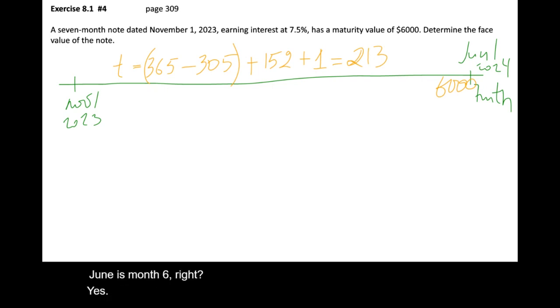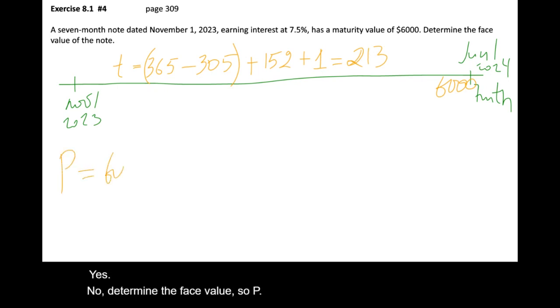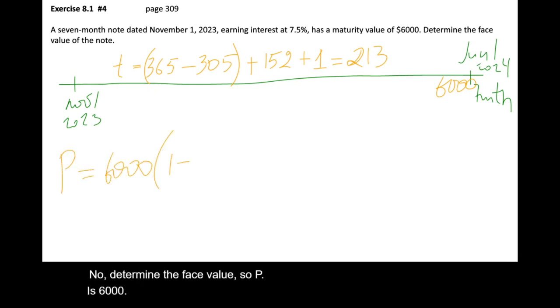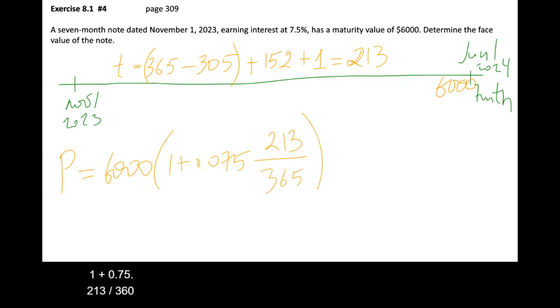Now, determine the face value. So P is 6,000 times (1 plus 0.075 times 213 over 365) to the power of negative 1.